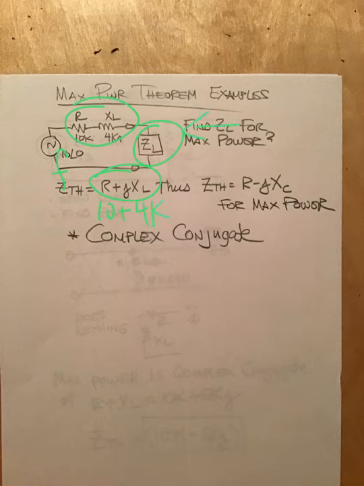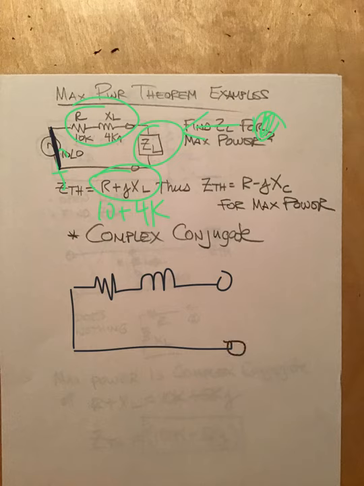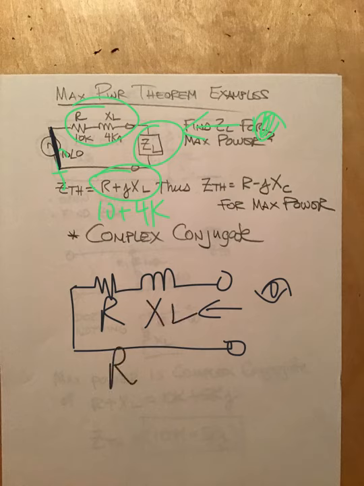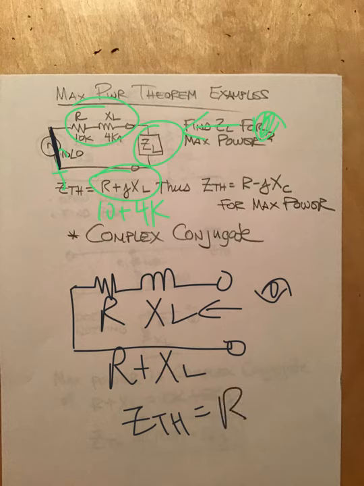Well, I climb in here and I peak. Now, I don't really have to peak very much because, well, this circuit is real simple. We take the power supply, we short it, okay? So we got a shorted power supply. And we look in with our eyeball right here, R and X sub L. Well, the solution, instead of R plus X sub L, the solution is Z Thevenin is equal to R minus J X sub C. Now, I don't want to say Z Thevenin.